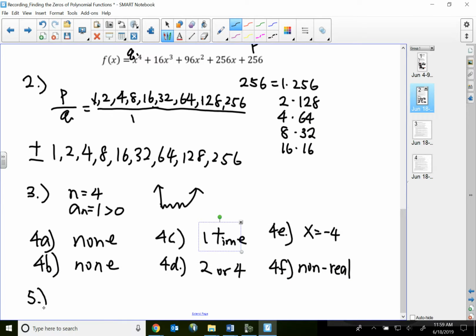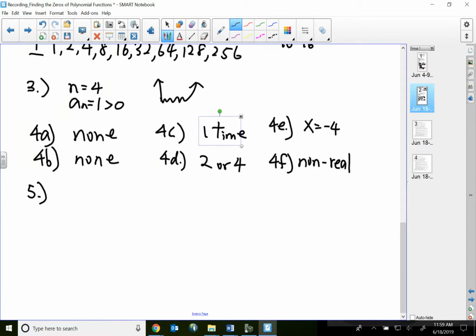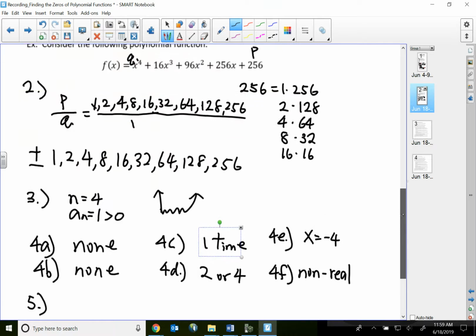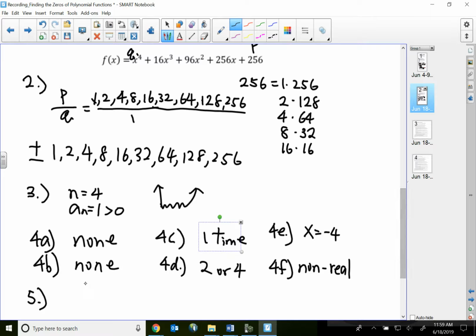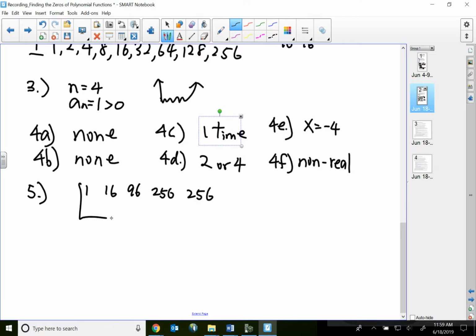That's the reason I mentioned the multiplicity in that instruction, because I have to use my negative 4 twice. So let's write out my coefficients. No missing terms, so that's 1, 16, 96, 256, 256.